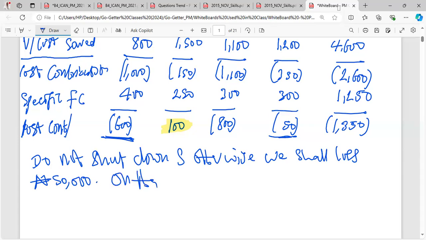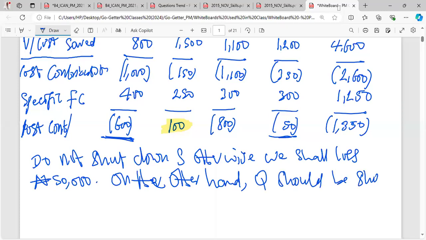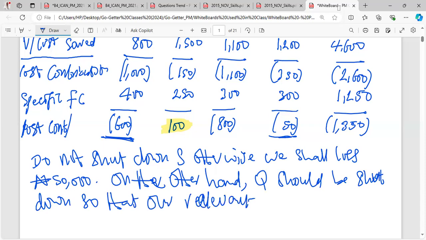On the other hand, Q should be shut down so that our relevant contribution will be improved by 100,000.